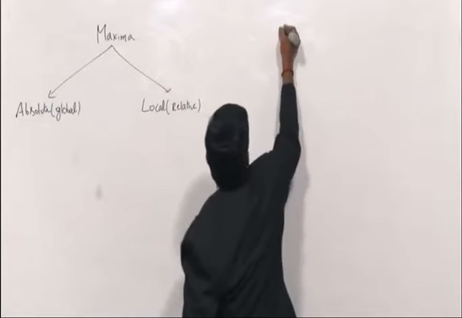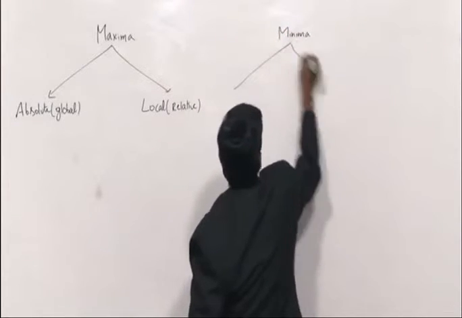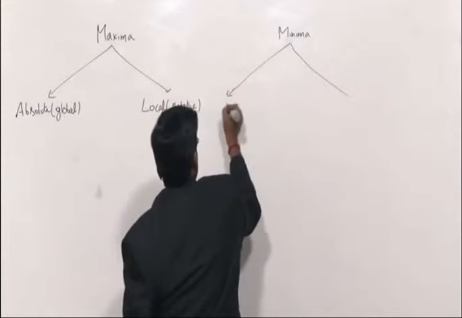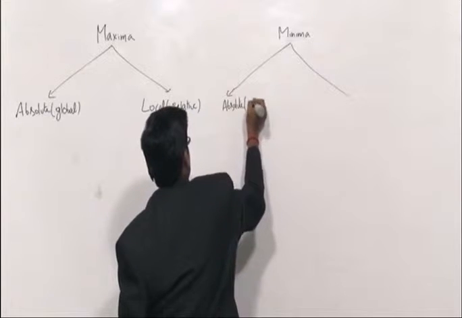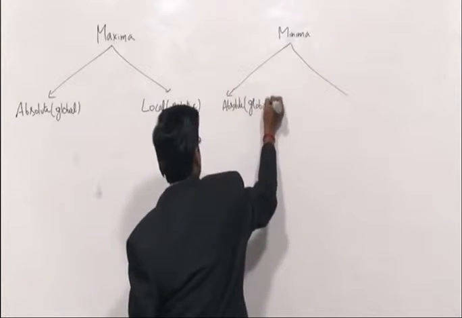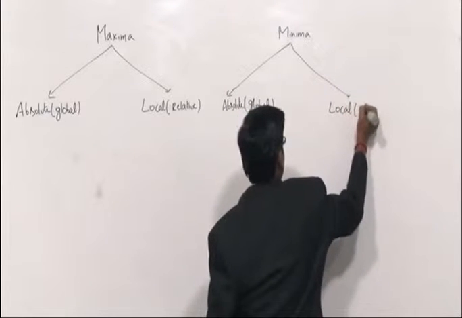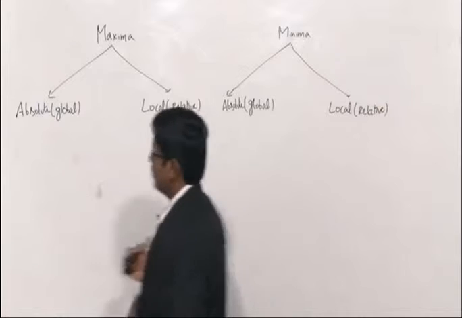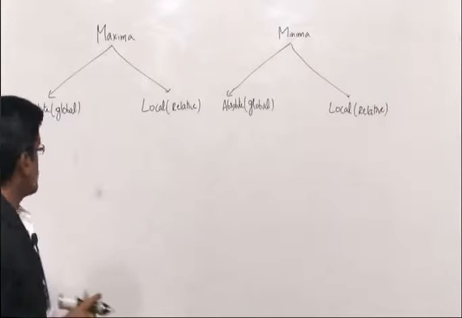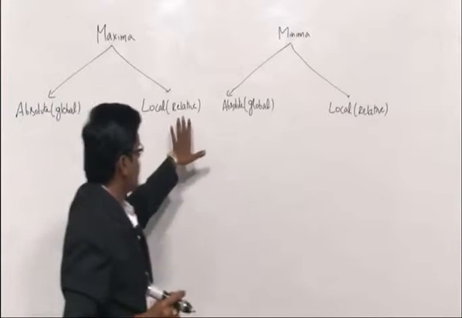Similarly, minima or minimum. Here also absolute or global, local, another name is relative. So maxima, minima are of two types, absolute, local. Other name for absolute is global, other name for local is relative.